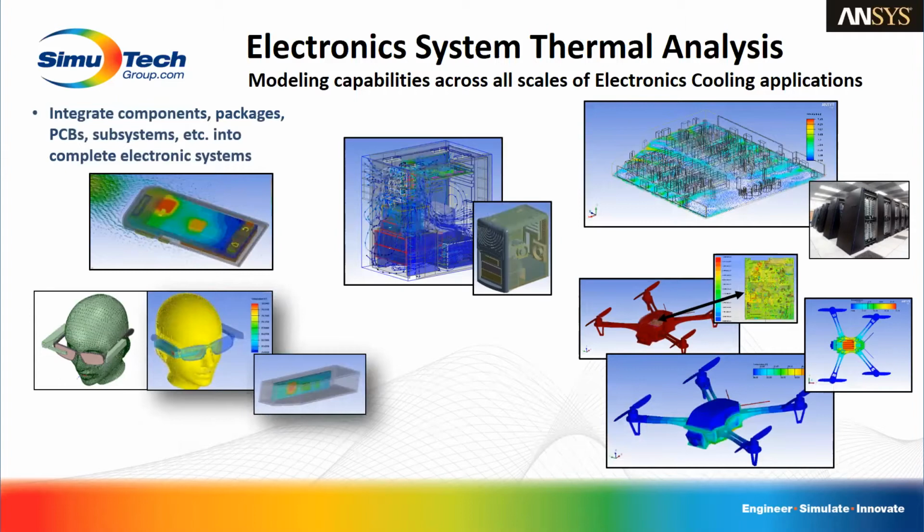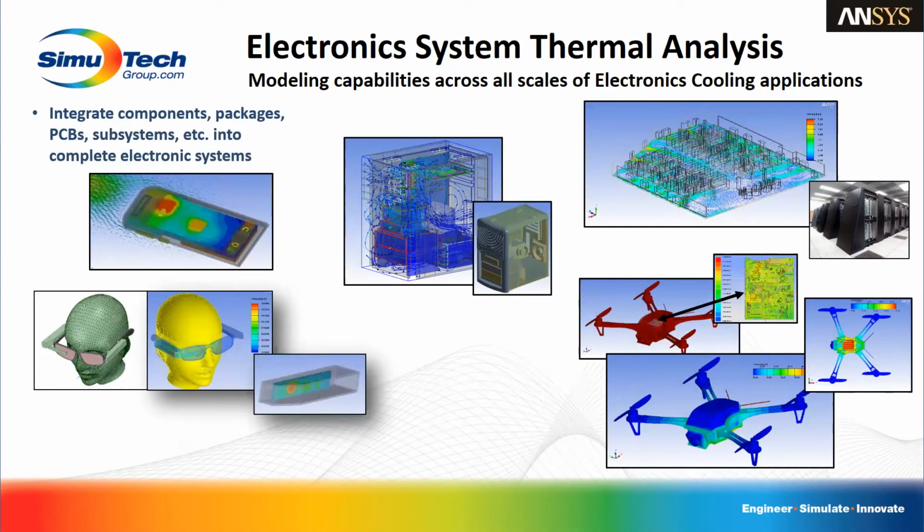They can be a larger enclosure with multiple fans and multiple heat generation units, like the workstation in the middle. We can get into data centers where we have multiple workstations, multiple computing units that are in a large room, and actually model the airflow within the room to make sure that the room stays cool enough.